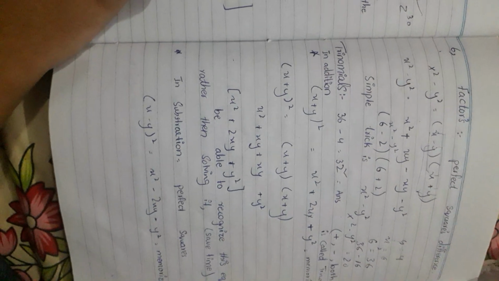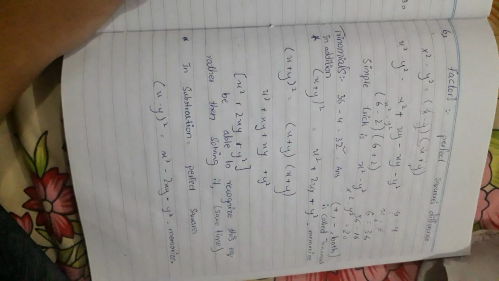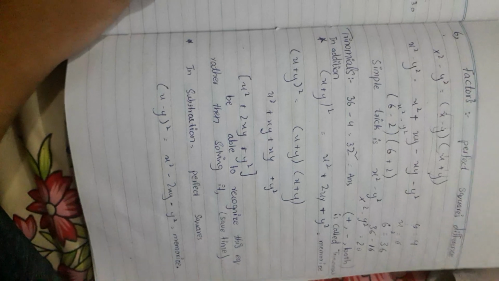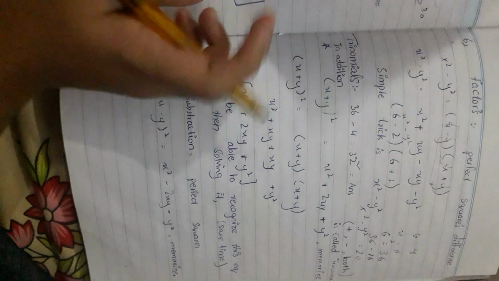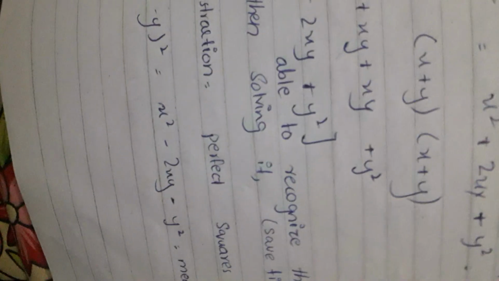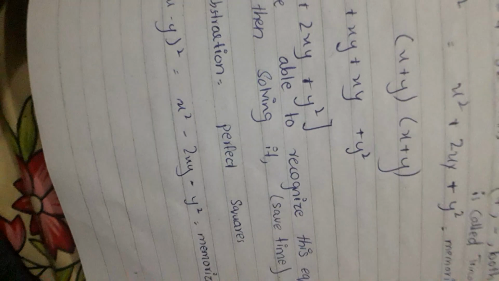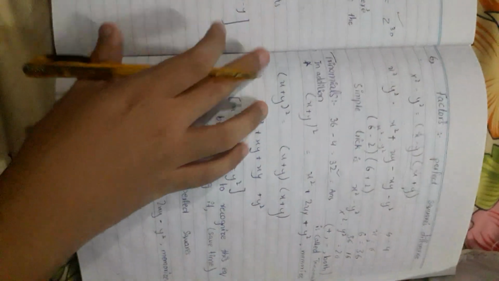In subtraction, the perfect squares will of course be in the opposite sign. Here we are doing it in addition, meanwhile downwards you can check it out, it's in a subtractional form. So that's what I believe is trinomials, and the concept of trinomials ends here.